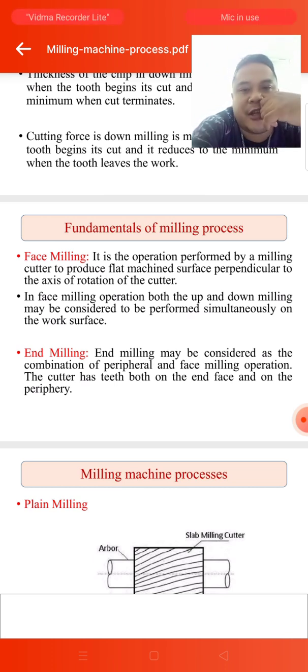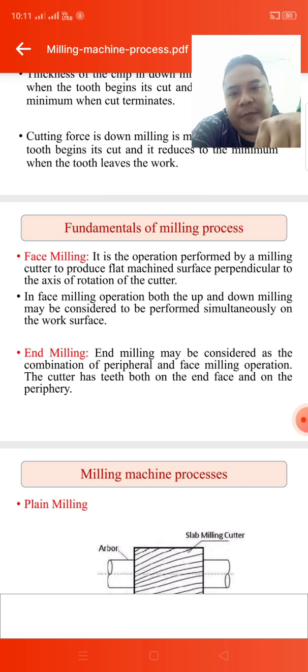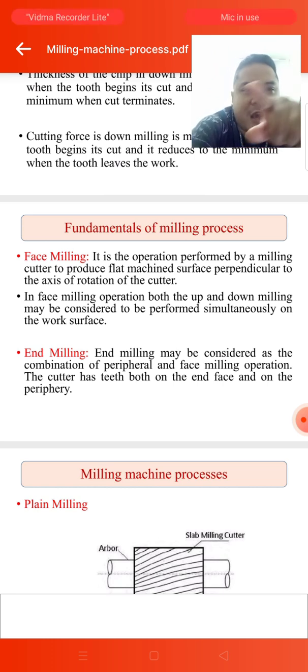Wala siya V nga shape sa tumoy, but the cutting edges are present both on the sides and the top of the end milling cutters, mao na kalahian. Then it is commonly used in making keyway cuttings. So paghimog mga keyways para sa key, mao na gamiton ang mga end mill.